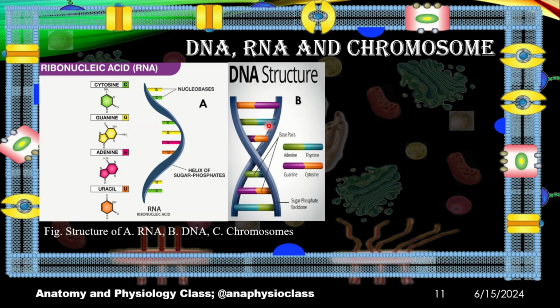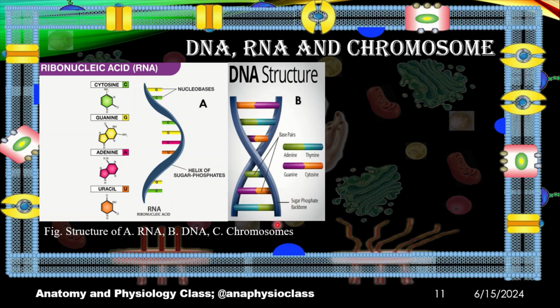DNA is composed of a deoxyribose sugar. It has some base pairs on it. The shape of DNA is a double helical structure, unlike RNA, which is a single helical structure.